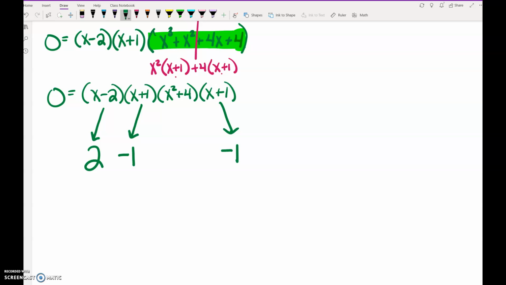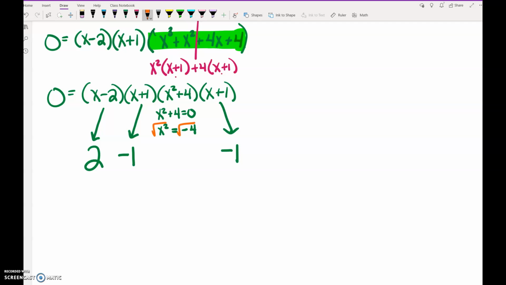To figure out the solution for that x squared term, we would do x squared plus 4 equals 0. Subtract 4 on both sides. How do you get rid of x squared? Square root.